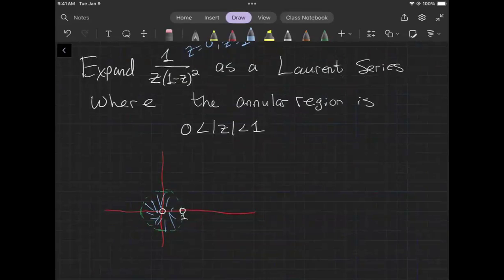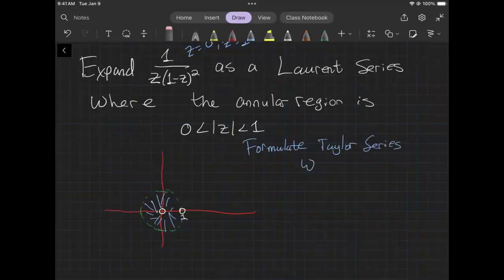So what we want to do is formulate a Taylor series, or in this case, a Maclaurin series, on this region, right?